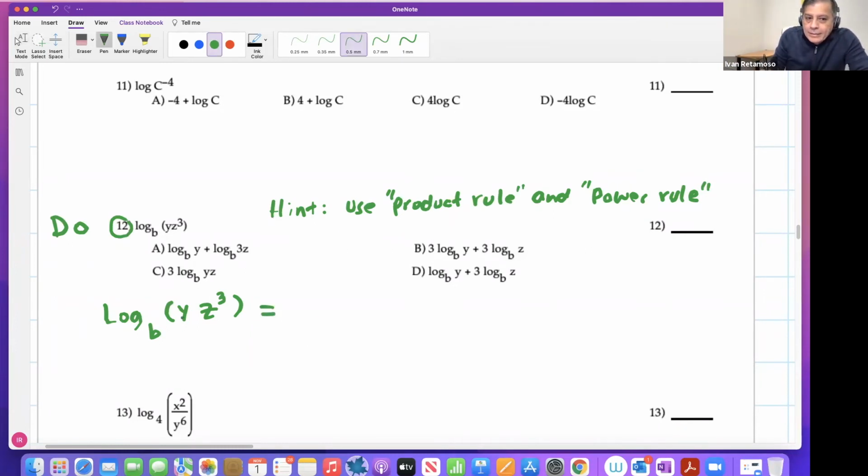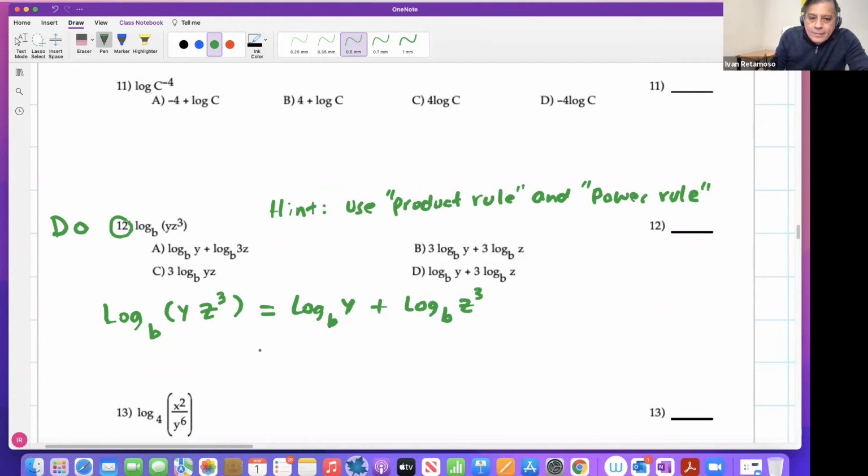According to the product rule first, this is equal to log base b of y plus log base b of z to the third power.